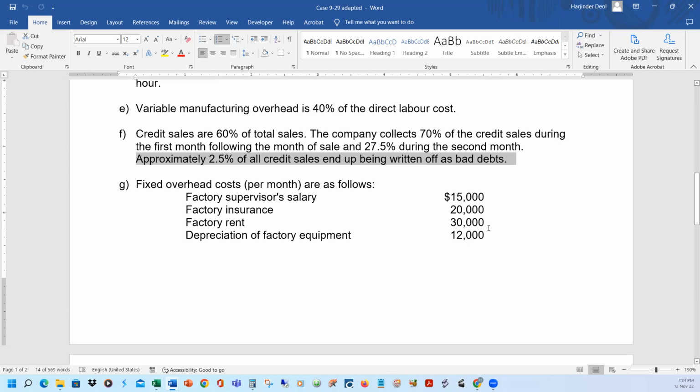So bad debt expense is seen as part of selling expenses. They are essentially losses, but they arise due to our credit granting policies, and they are related to the activity of selling. So because 2.5% of all credit sales was bad debt expense, we can clearly see that this is a variable number, and we need to calculate the bad debt expense and include it as part of our variable selling and administrative expense.